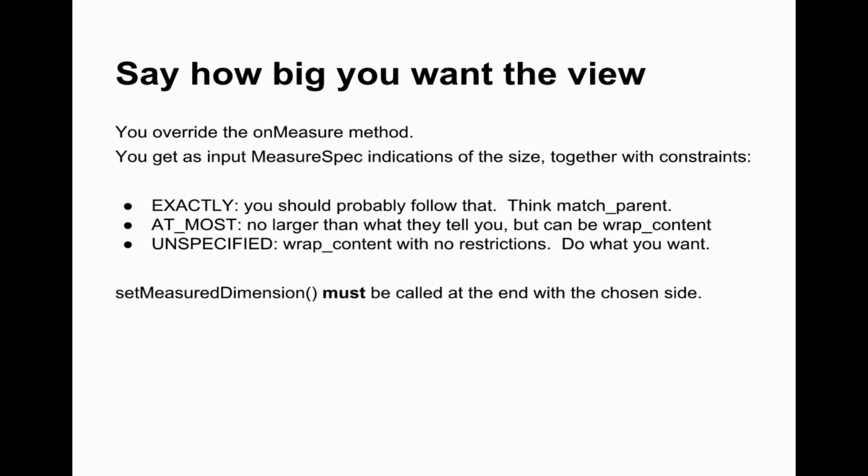Things like a text view or a pie chart view are leaves because they don't contain any other view inside. In the case of a leaf, you are told how big you can possibly be and whether that has to be exactly, at most, or unspecified. You do your own calculations and then in the end you set the size that you actually are.